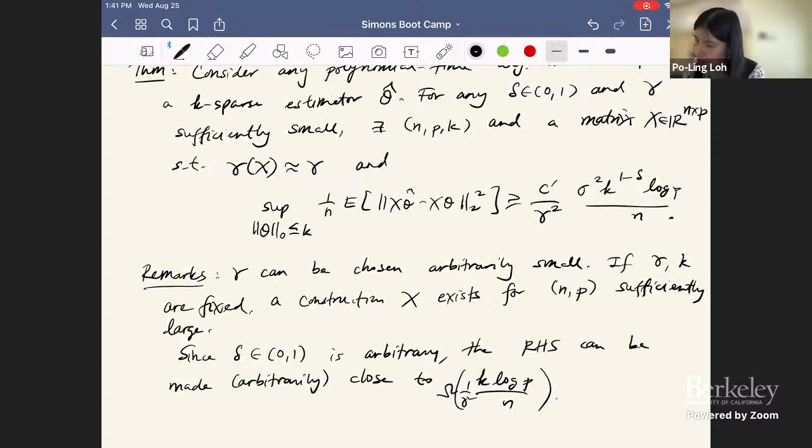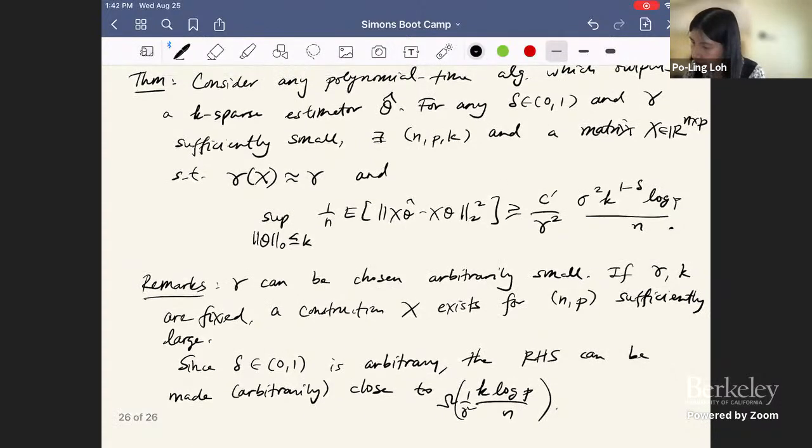Okay. I feel like there was one more thing I wanted to say, but maybe not. Yeah, question? I'm sorry, one remark, maybe meaning to say this: the condition that theta hat is k-sparse is important for the result.